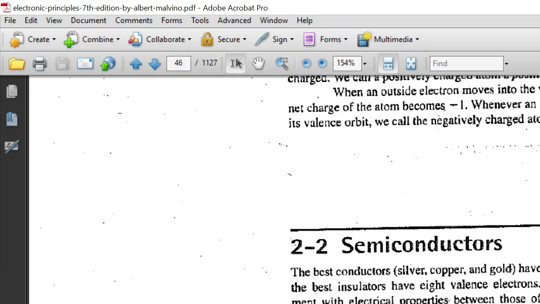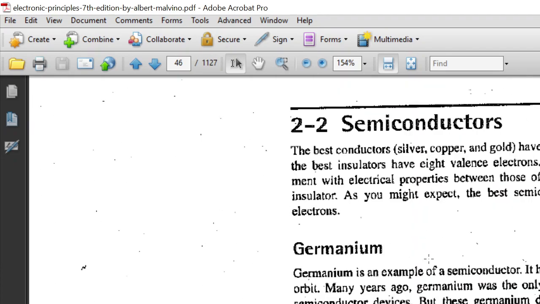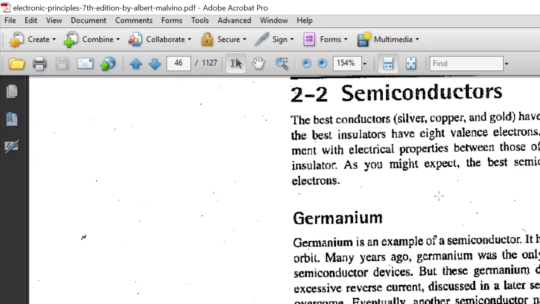What would happen to semiconductors? What are semiconductors? You see, the base conductors will have one valence electron, whereas the base insulators will have 8 valence electrons.